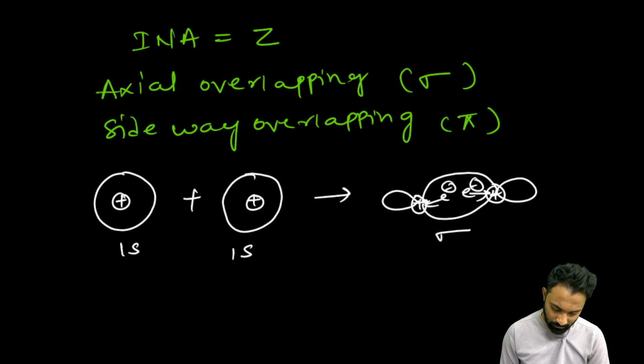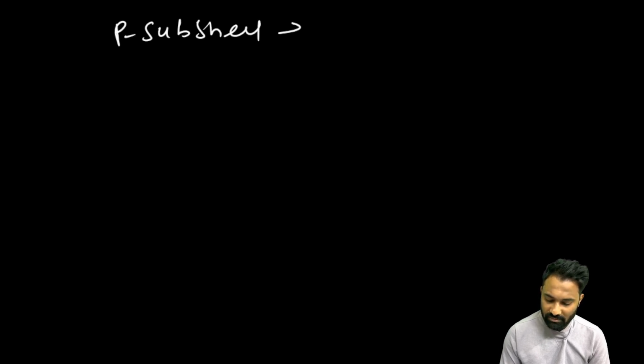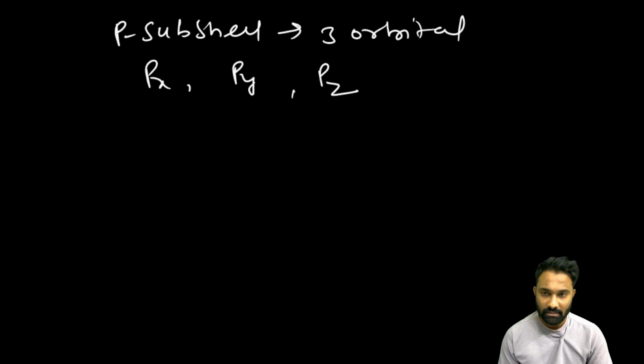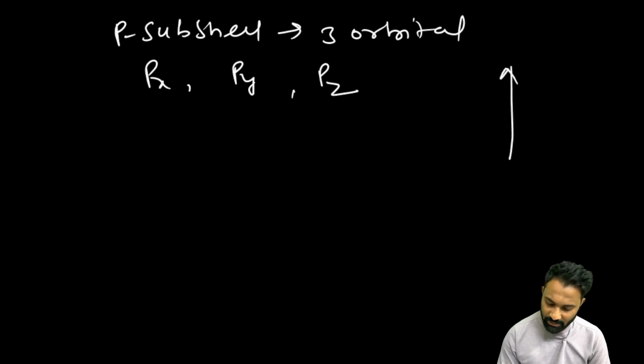Now comes the p orbital case. When it comes to the p subshell, it is having 3 orbitals, right? 3 orbitals. What are they? One is px, one is py, one is pz. Done. Now in the 3D space, if you take this as a nucleus, this is a pz orbital.